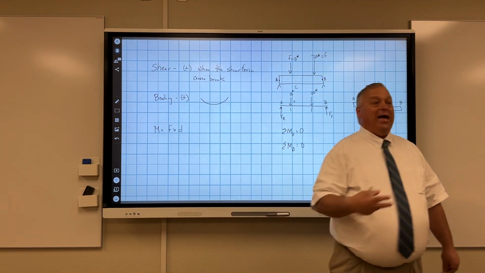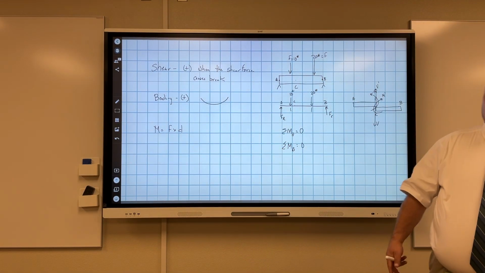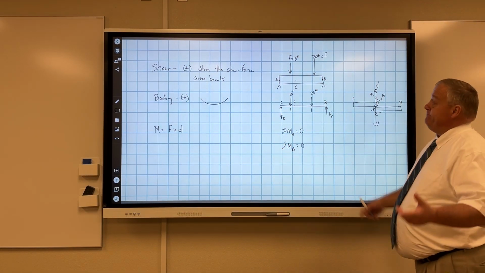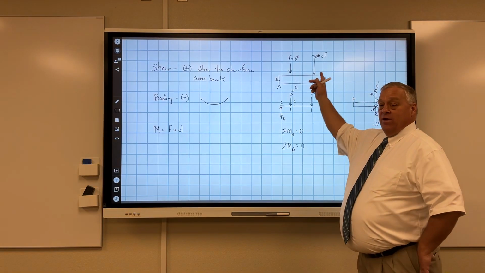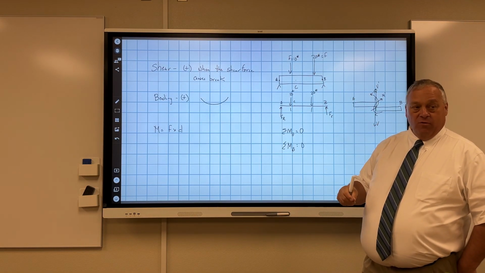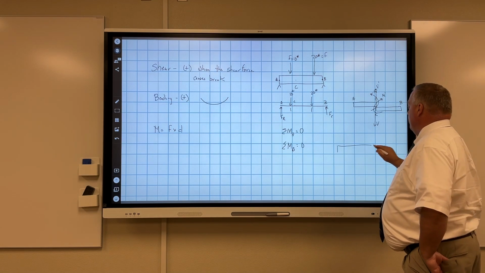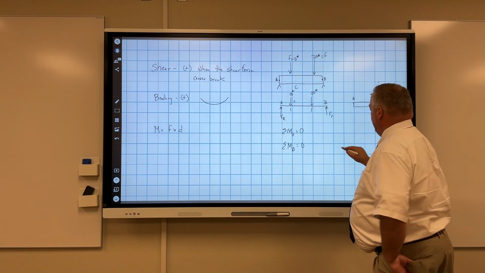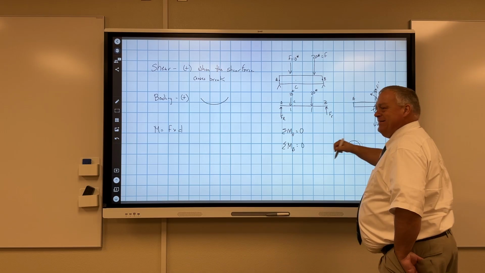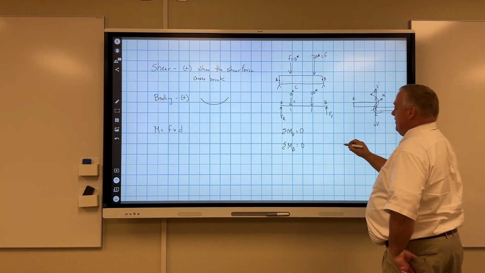We're just applying it. Now, with beams, I'm showing you here that we have uniform forces at one location. We could have a beam. I'm a really bad straight line drawer.